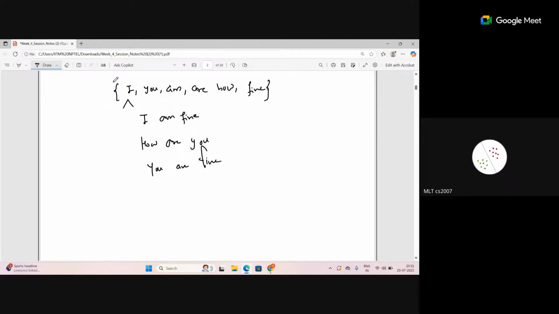So let us say I wanted to create a new sentence, and let's say the sentence will contain only three words. In a sentence, you have 3 words, and the sentence can be formed only by using these 3 words out of this dictionary.